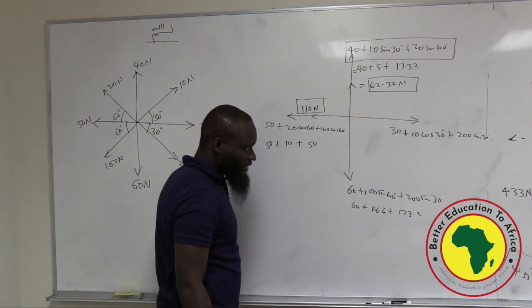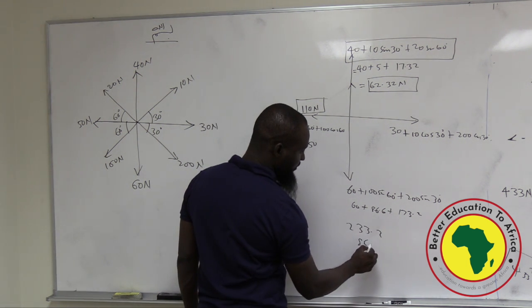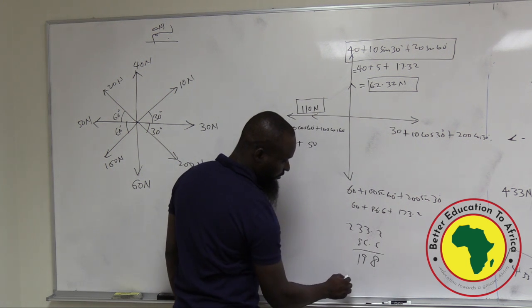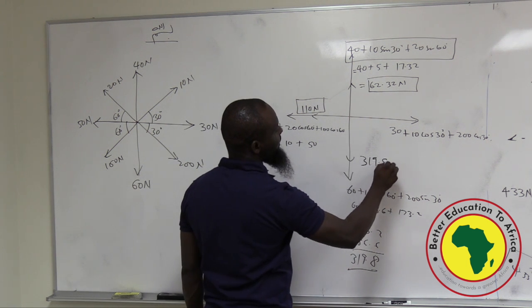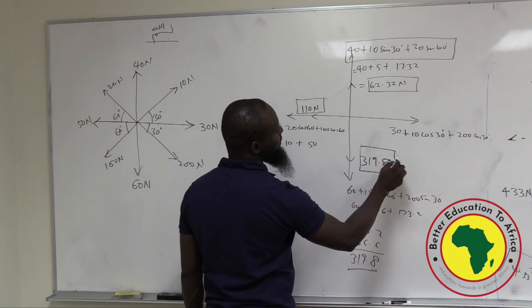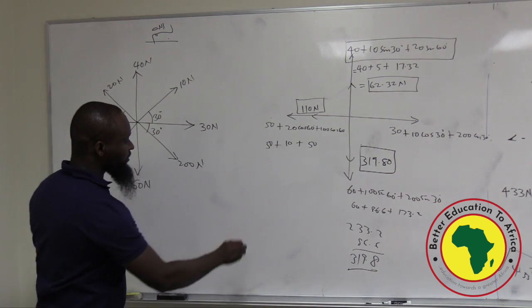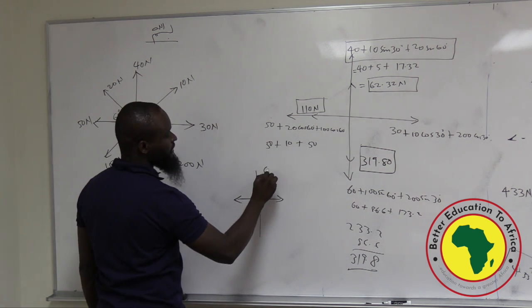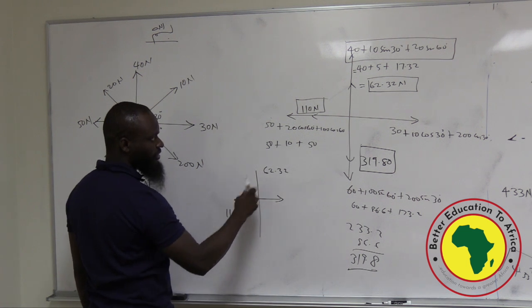Okay? 233.2 plus 86.6. 319.8. So this is 319.8 going down. So this whole force reduces to all of this. It's just this. 62.32, 110. I might make some mistake from the algebra.